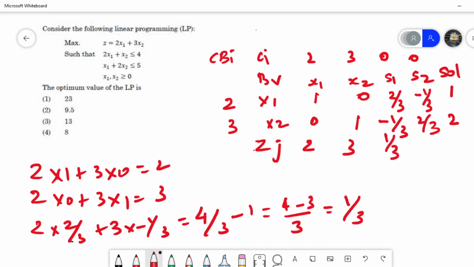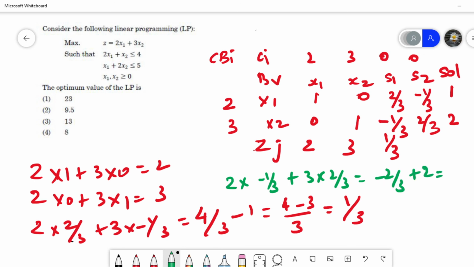So next, 2 into minus 1 by 3 plus 3 into 2 by 3, minus 2 by 3 plus 2. That is 4 by 3.